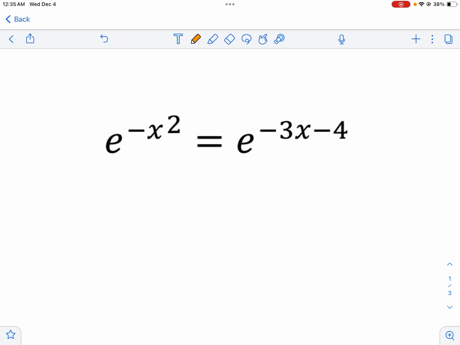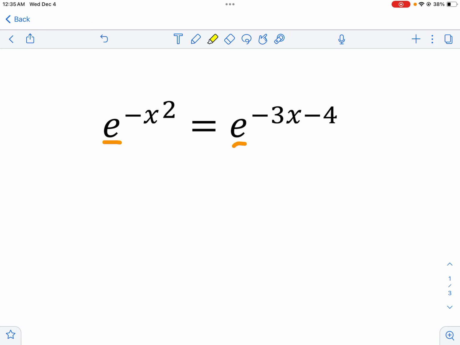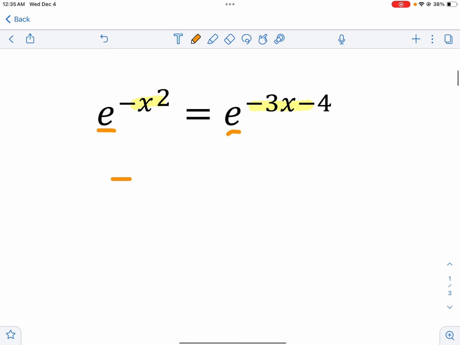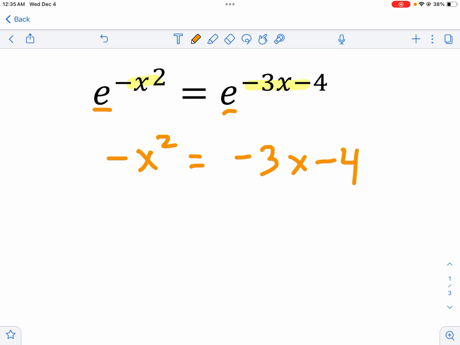So when you have bases that are the same, so e is a base. When your bases are the same, your exponents are the same. So e is the same base. So then I can say negative x squared is equal to negative 3x minus 4. And then solve for x. It's a quadratic. That means a power of 2. So I can say 0 is equal to x squared minus 3x minus 4.